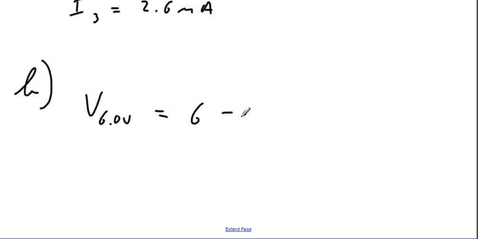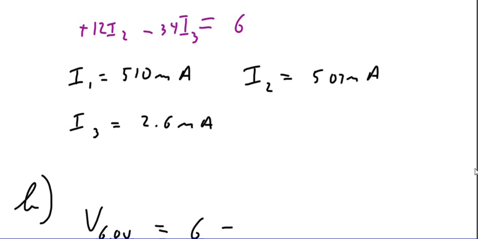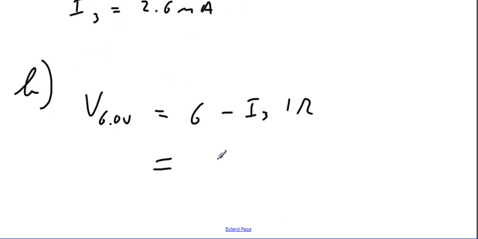I don't remember, which current is it? 6-volt battery minus the I3 current times 1 ohm. And the I3 current is next to nothing.